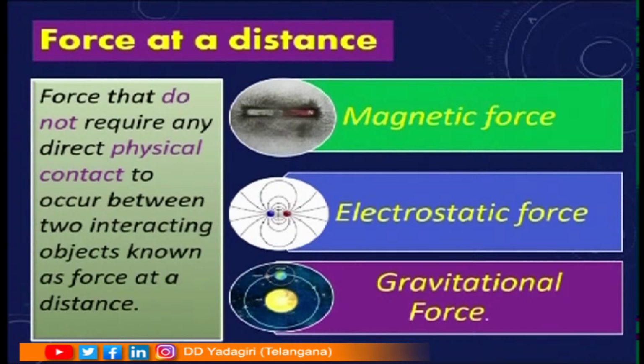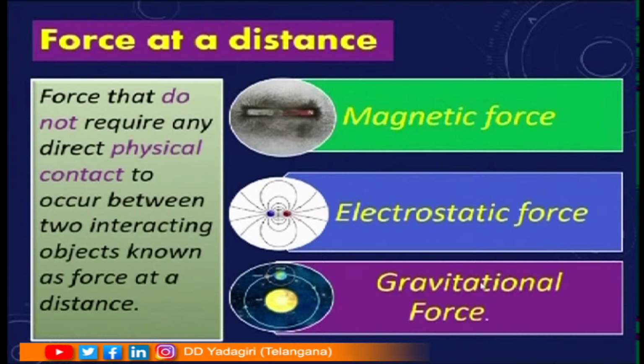Children, we learned the examples for this. See here, magnetic force. The magnetic force exists between two magnetic materials, or a magnet and iron things, which are separately placed. The next example is electrostatic force. Electrostatic force exists between two charged bodies which are separated by a distance.